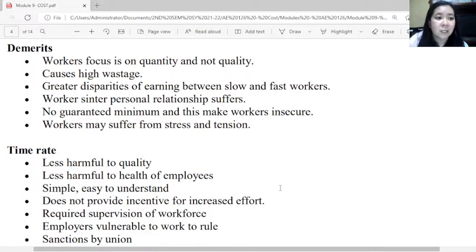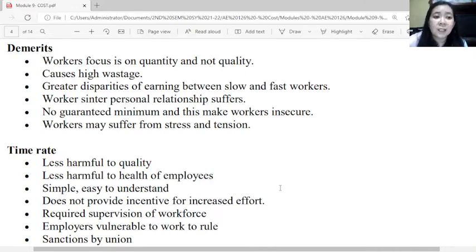What about the disadvantages? The focus of the workers will be on quantity, and basically the quality may be sacrificed. It will cause high wastage, and greater disparities of earnings between slow and fast workers.